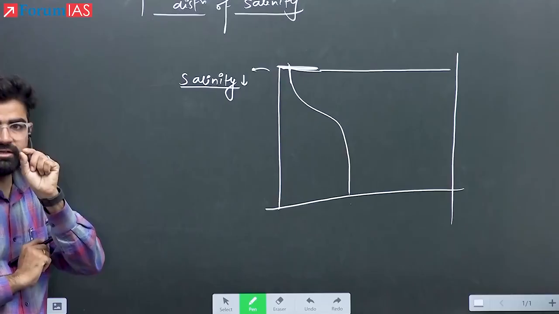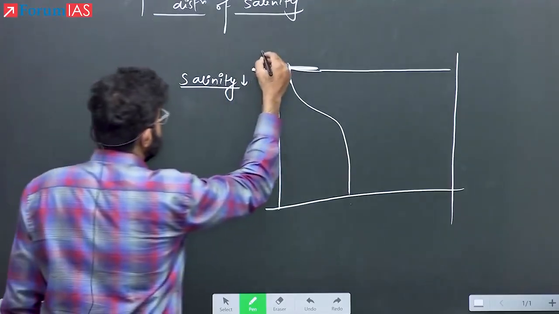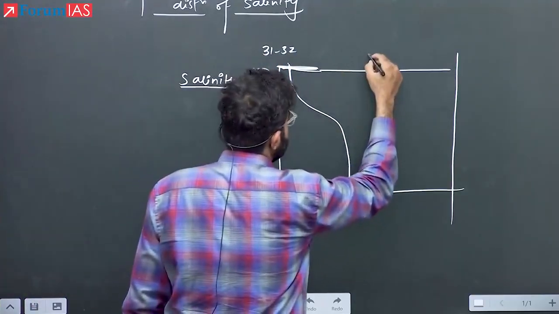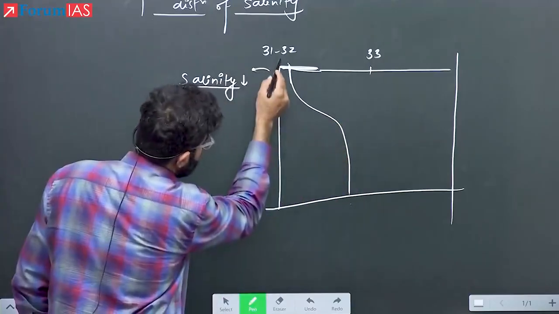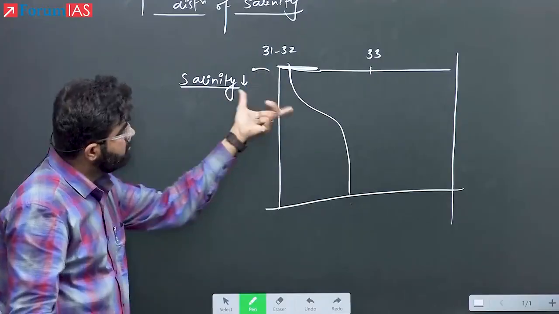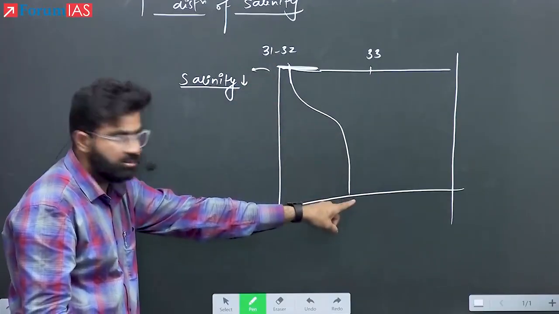So therefore, a slight change would be there in the salinity. On the surface here, you will find the salinity somewhat 31 to 32. Here, in the middle, let's say 33. So if you are going down, the salinity is increasing. But don't worry, this is not a fast or steep change. From 31, 32, somewhere you are reaching 33 at the bottom.